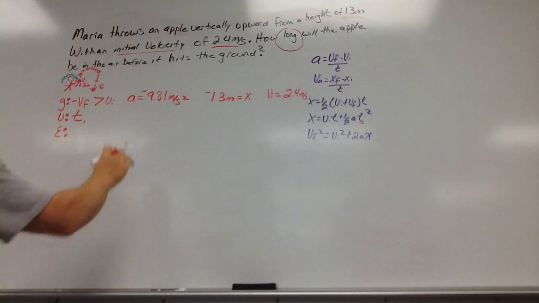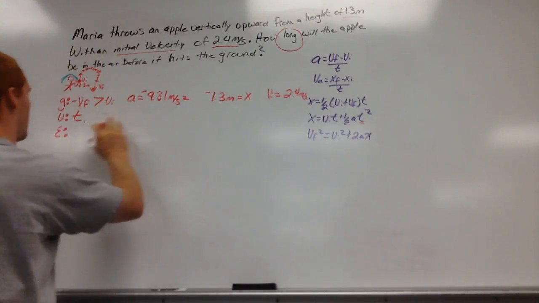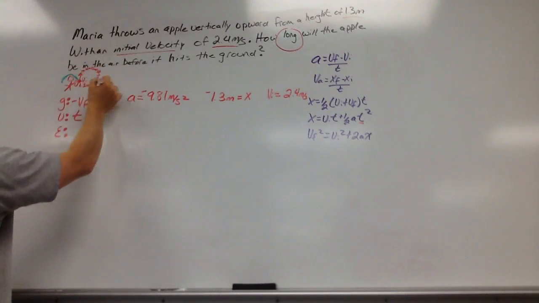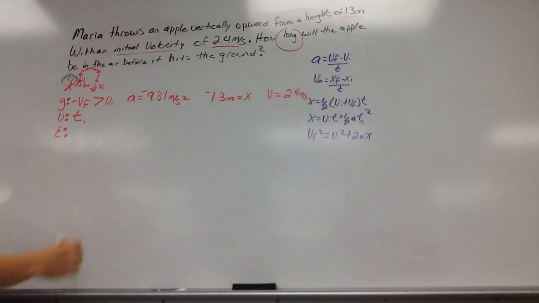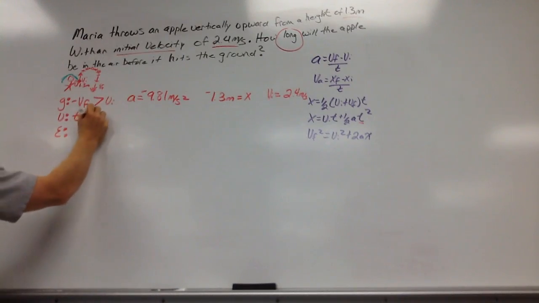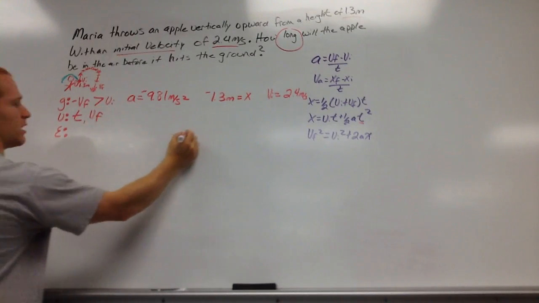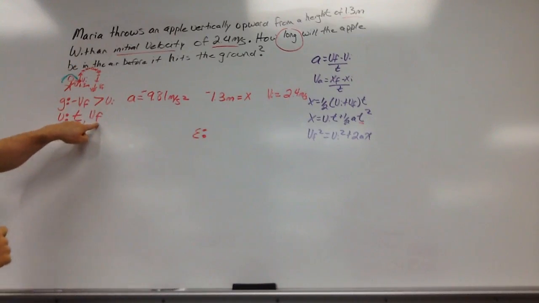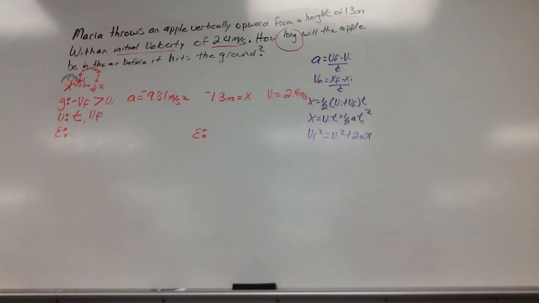Okay, so we have acceleration, x, VI, we don't have t. What else can we solve for? We talked about it up here. Solve for velocity final. Once we have velocity final, then we can solve for t. The reason why is because VF is going to be negative, and that's why we can't do the quadratic formula.